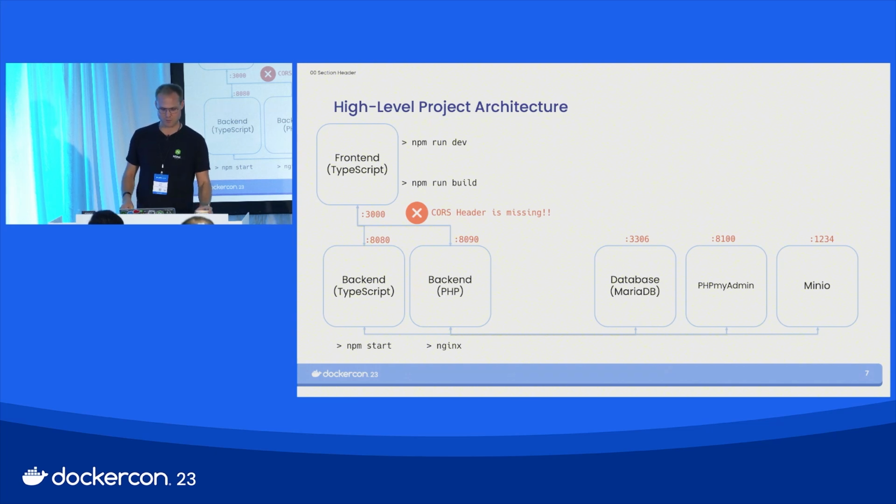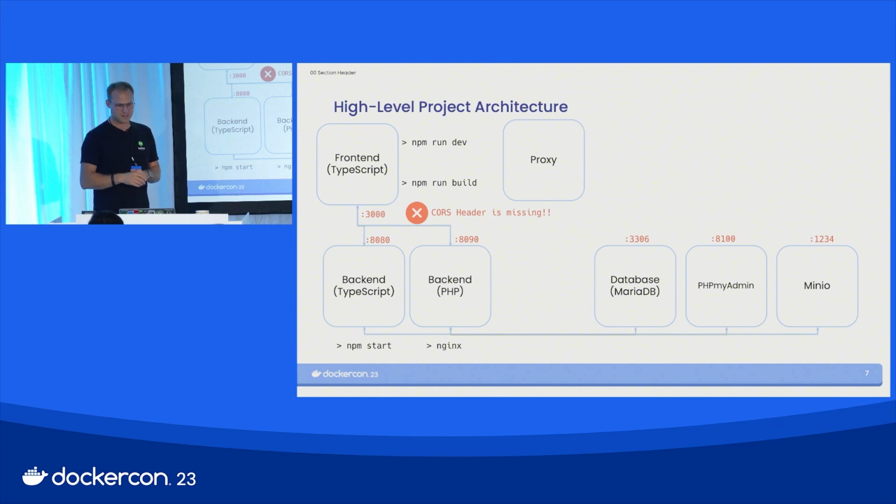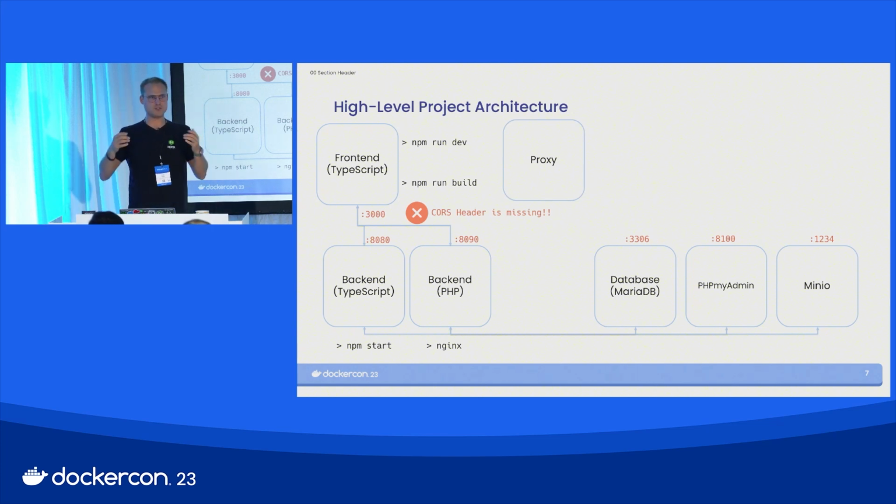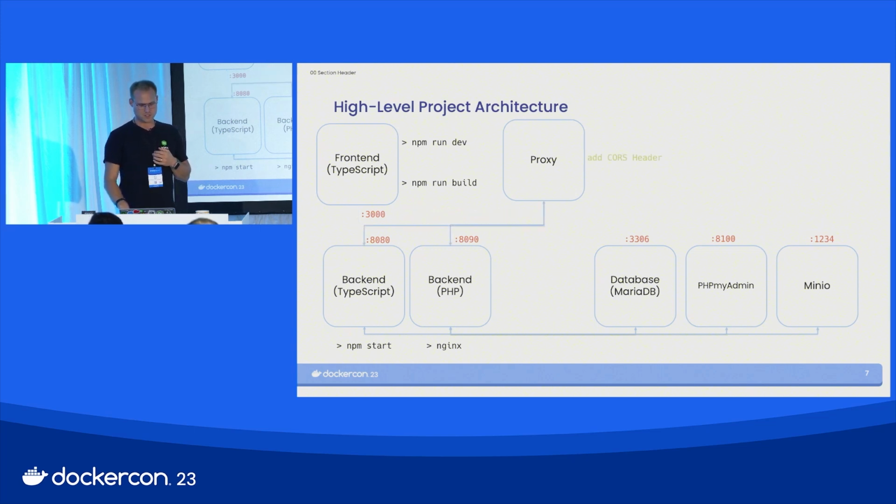I think I can share this one with you. Okay, so we have the CORS headers even locally. That's where the proxy comes into play, even on your local machine, because you don't want to have these CORS errors. Then you add the CORS headers, then you remove this, you wire things a little bit differently.